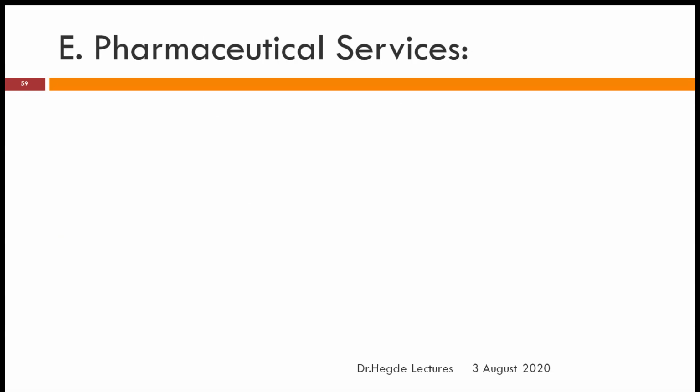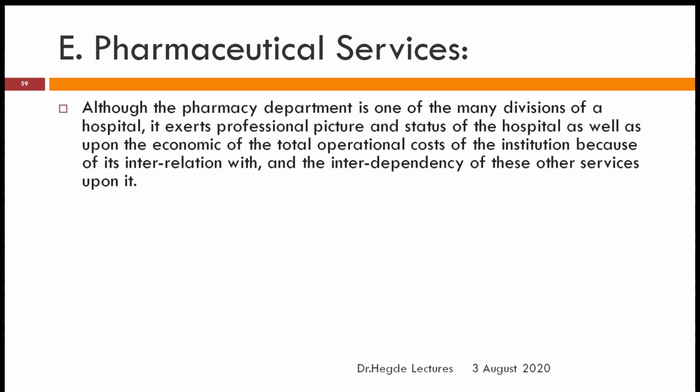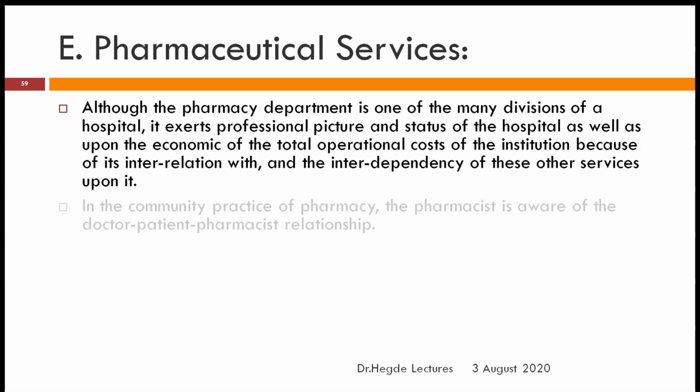Next would be the pharmaceutical services. Although the pharmacy department is one of the many divisions of a hospital, it exerts influence upon the professional picture and status of the hospital as well as upon the economics of the total operational cost of the institution because of the interrelation with and the interdependency of these other services upon it.